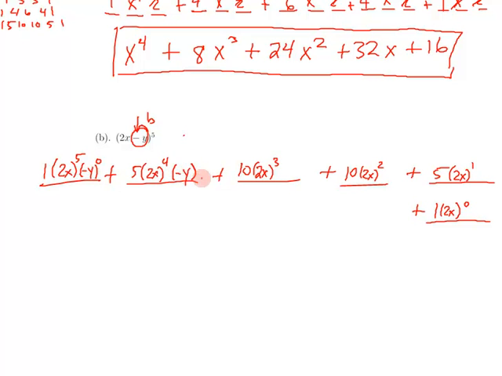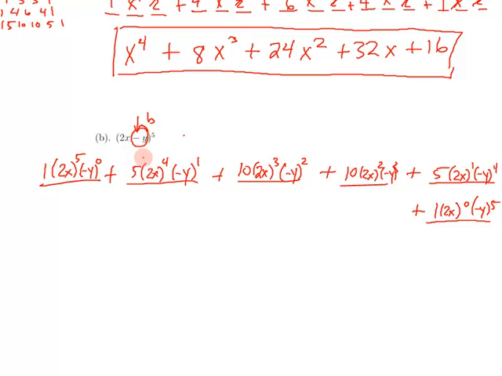You've got to include that minus sign because your original formula had a plus in there. If there's a minus sign, you've got to stick it in somewhere. That means you're going to include it as part of b. Negative y to the first, negative y to the second, negative y to the third, negative y to the fourth, and negative y to the fifth. Again, all you're doing is taking the a and starting at the fifth power and marching down. You're taking the b at the 0 power and marching up.